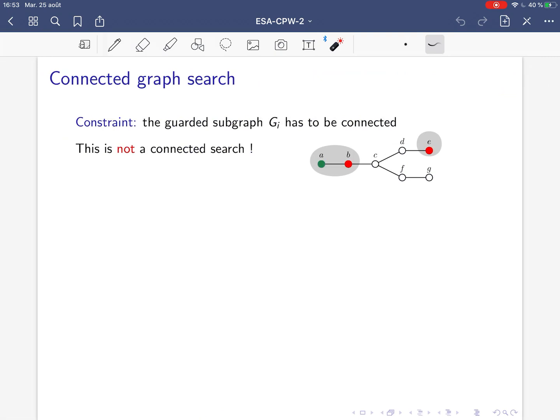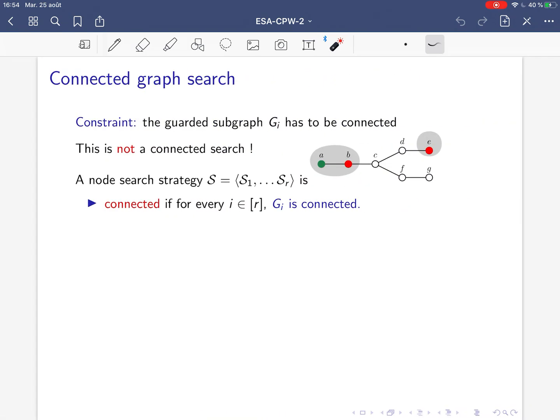So if I add a new searcher at vertex E, then I can observe that the subset of vertices that have been searched so far does not induce a connected subgraph. Thereby, this is not a connected search strategy. So a node search strategy is connected if at every step of the search strategy, the subgraph induced by the searched vertices is connected.